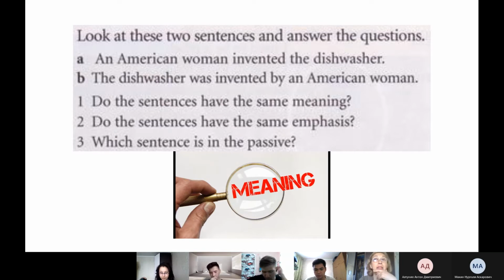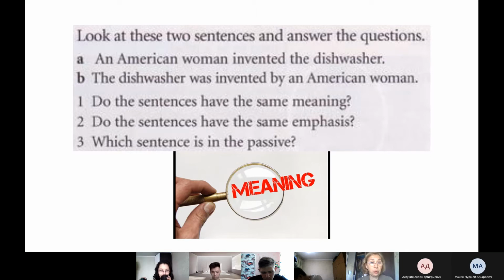Ну, да, здесь без контекста непонятно, но если в центре внимания у нас dishwasher, то, наверное, мы используем именно второе предложение и рассказываем об этом объекте, да? Ну, в любом случае, мы должны понимать, что это такое.